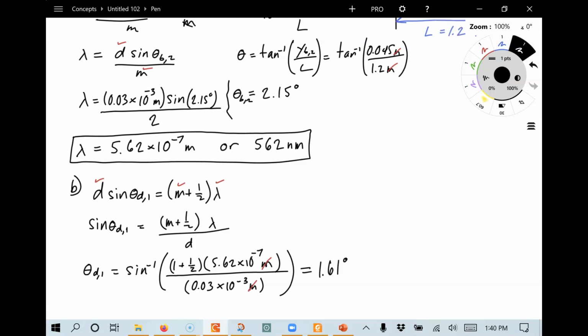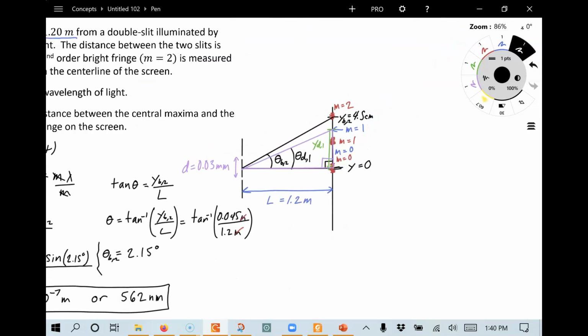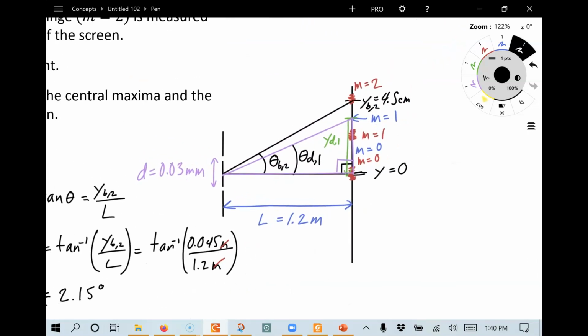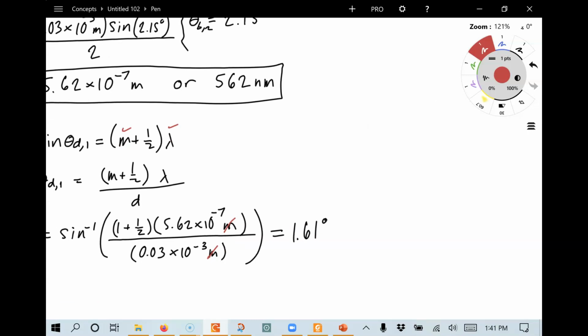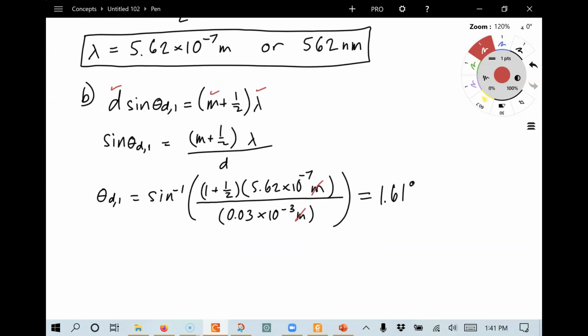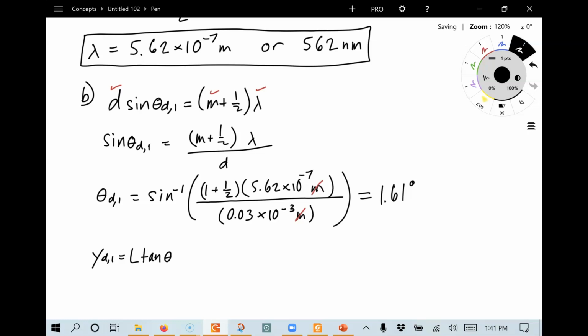1.61 degrees. And now we can use the geometry of that little purple triangle there. Now we know the angle. We know the length, the base. We can figure out the height here, the green side there. So using that equation to relate those things, recall that we can write that as y dark 1 is equal to L tangent theta dark 1.